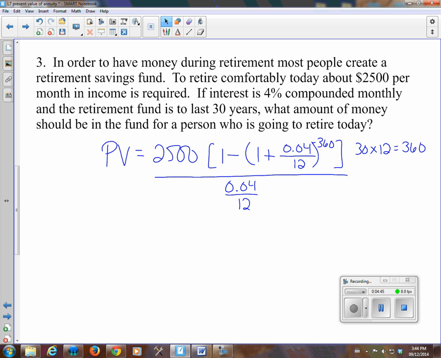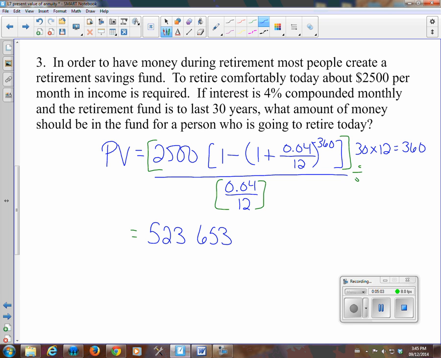So remember when you're entering it in your calculator to make sure you put brackets around your numerator, divided by brackets around your denominator, and then you can hit equals. So the value today should be $523,653 and about 10 cents to earn $2,500 a month for 30 years.